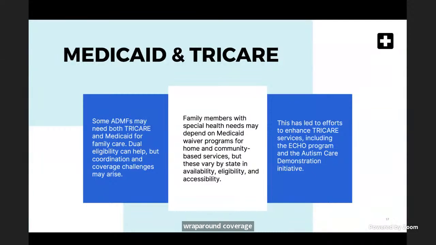So let's talk a bit more about Medicaid and TRICARE. Some active duty members and their families may need both TRICARE and Medicaid, and dual eligibility can help, but coordination and coverage challenges may arise.